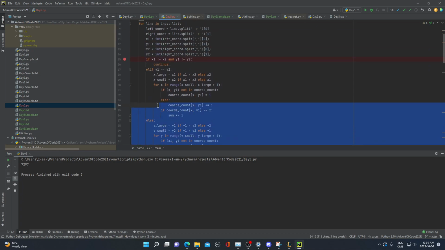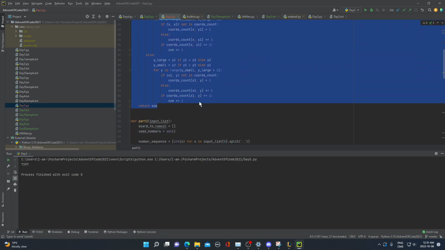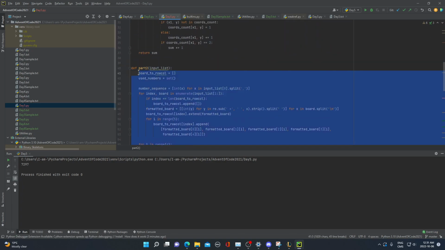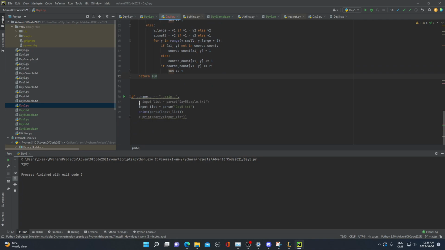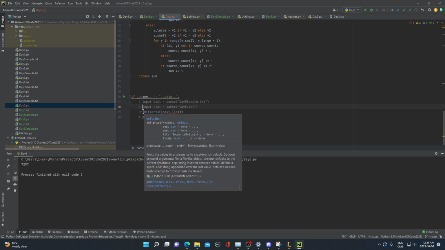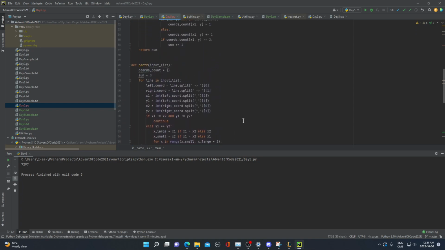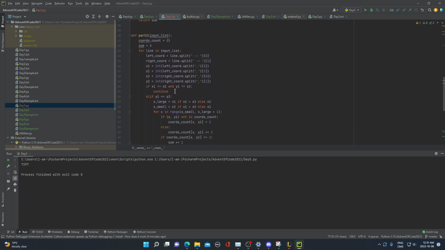So I will just copy and paste part 1 for now into part 2. And get ready. Here, comment out part 1, comment in part 2. Now we get rid of this check here because we want diagonal lines now.